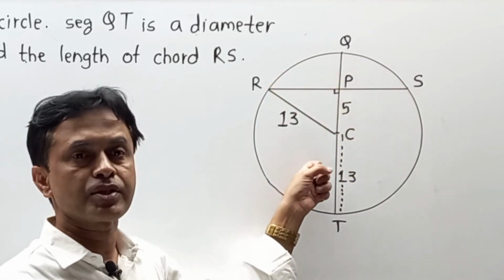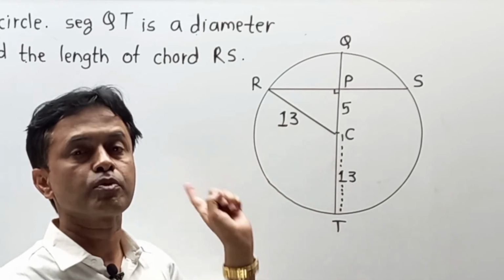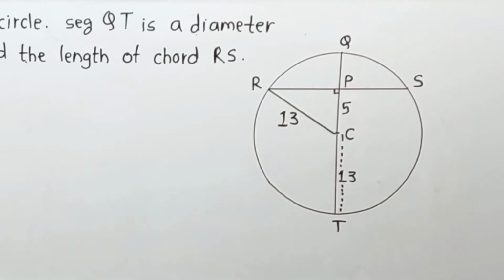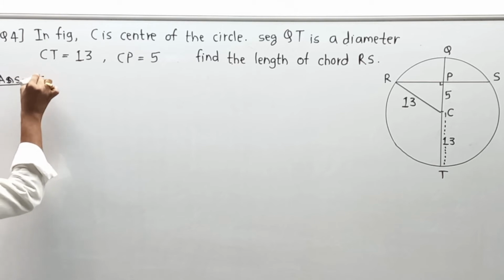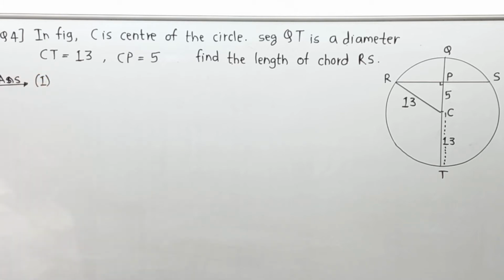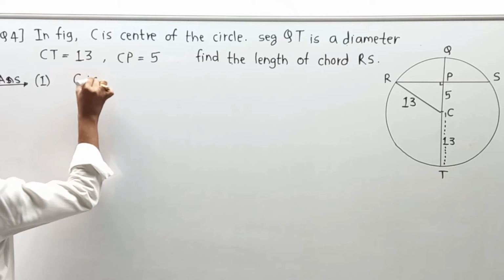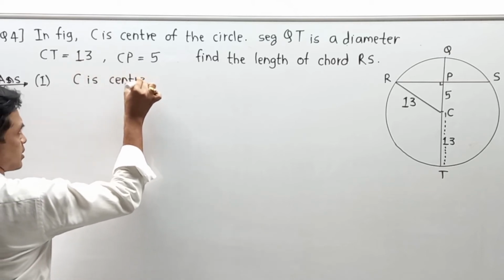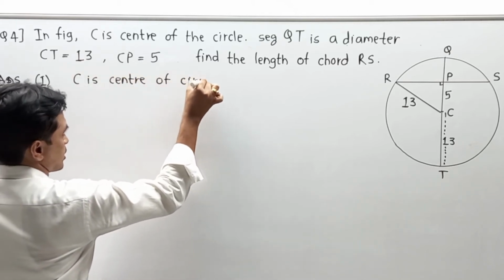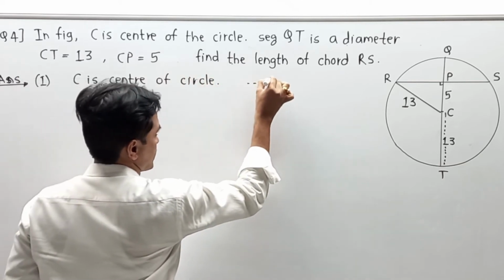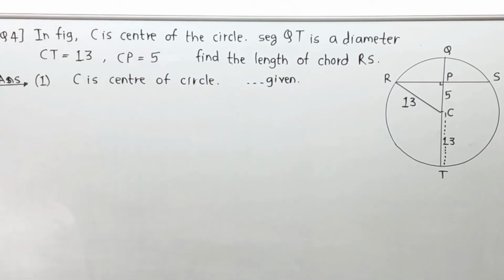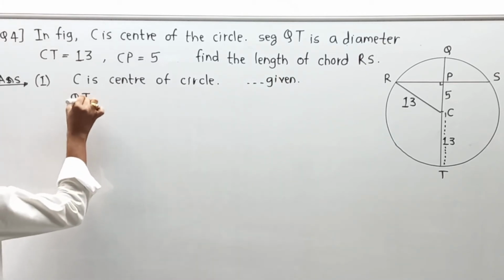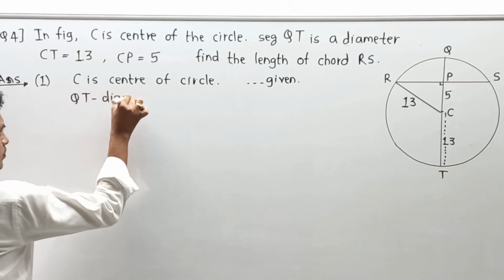Now whatever part I have described over here, I'm going to write one by one, so please pay attention. Starting from the first part. Answer. First, C is the center of a circle. They have given it, so I am going to write it as given. QT is a diameter.